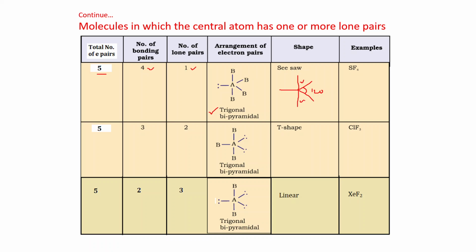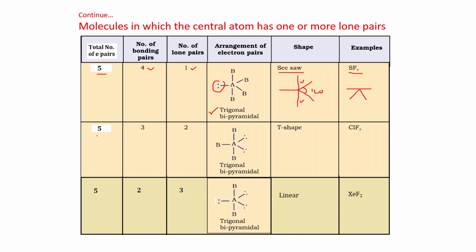If the lone pair of electrons is placed at any one of the equatorial positions, then repulsion is minimum. That's why the lone pair is at the equatorial position, and its shape becomes seesaw. I think you are familiar with this seesaw. Example is SF4.